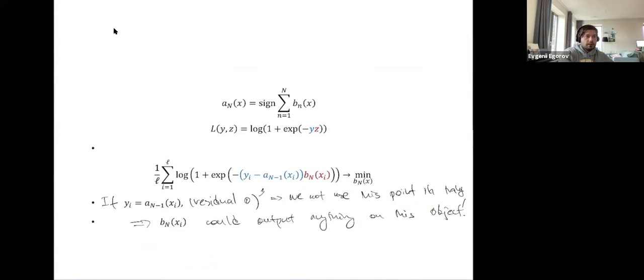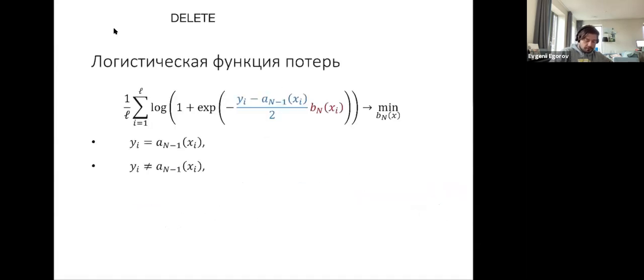That shows that simply using the same modification of the training procedure as for MSE loss is not working. We need to do some other steps to get performance.